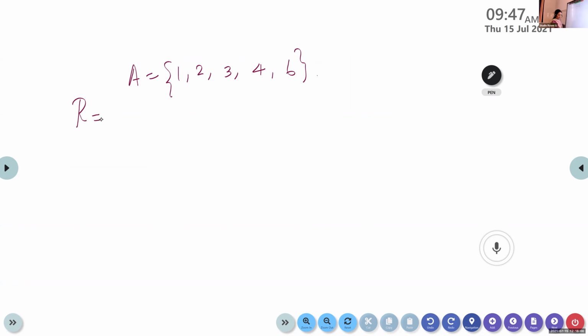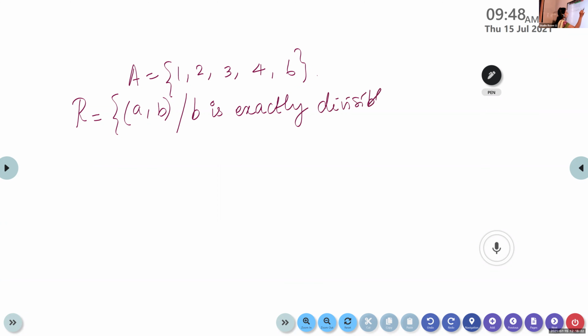R is equal to the set of all ordered pairs (a, b) where b is exactly divisible by a, where a and b belong to A.